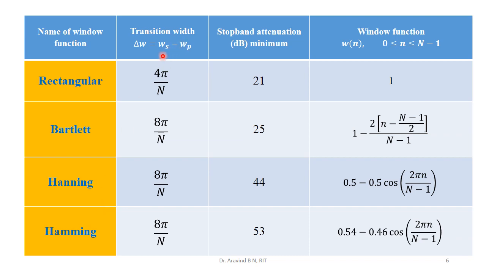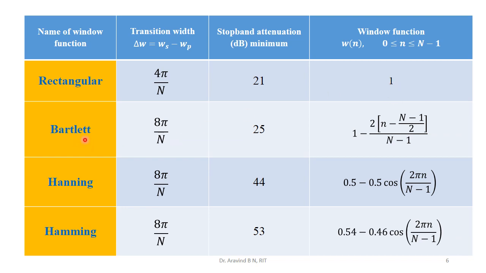Transition width is nothing but stop band minus the pass band, and for the rectangular window it is defined by 4 pi divided by N, where capital N is the order of the filter. Then the stop band attenuation for this will be 21 dB. Then the window function is equal to 1. This is what we discussed in the previous slide.